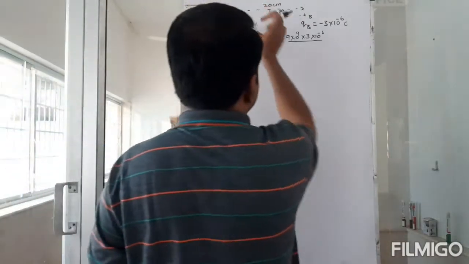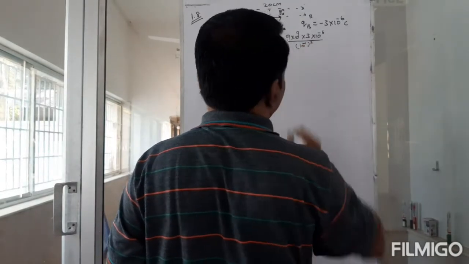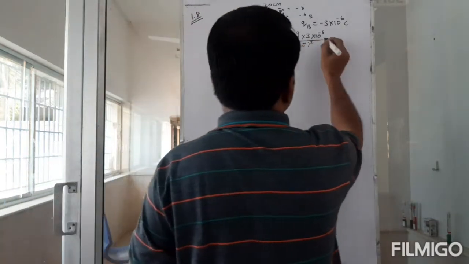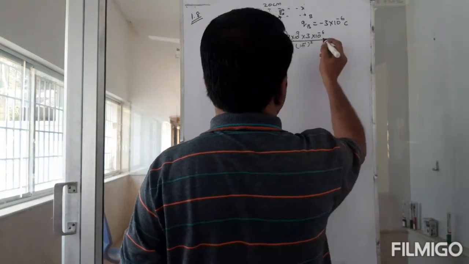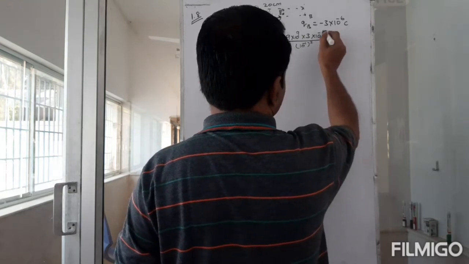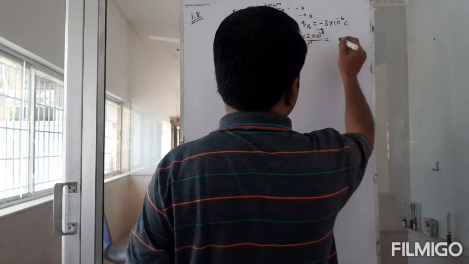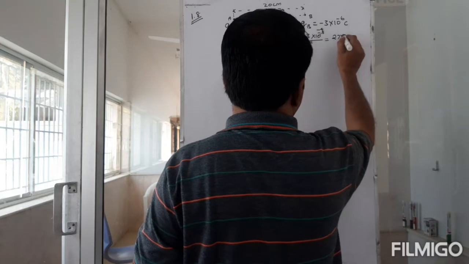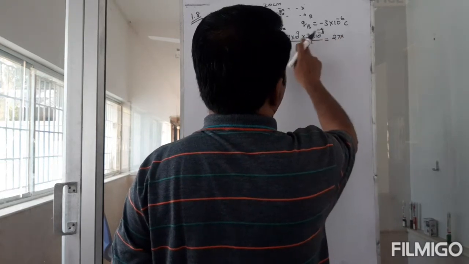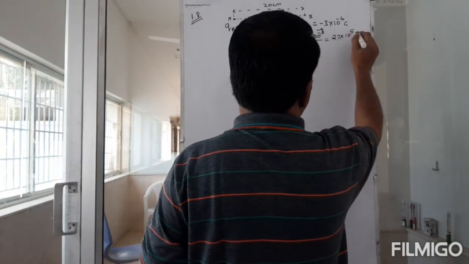So that is 10 power minus 1 square. If I do this, then what will I get? This is 10 power minus 2, so this will become 10 power minus 4 now. So 9 into 3 is 27, so 27 into 10 power 5 Newton per Coulomb.